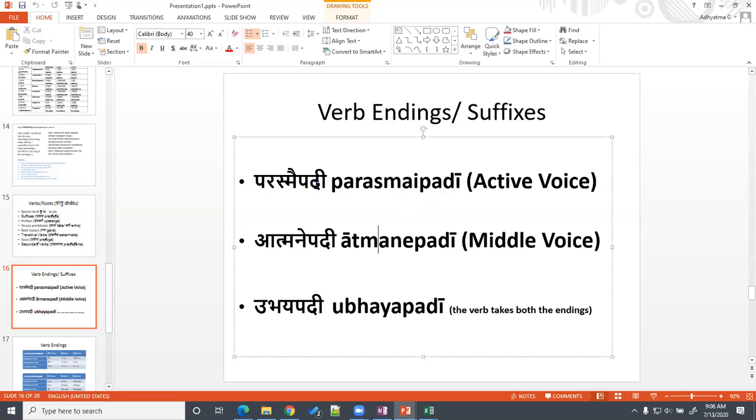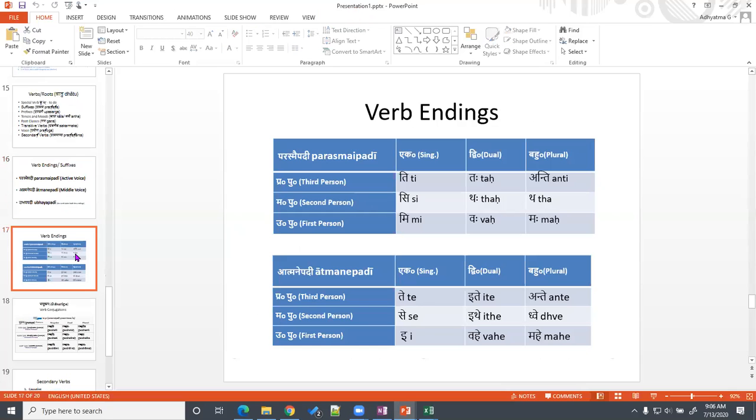when you make the verb conjugations in different tenses, it has certain endings. When a verb is of the type Atmanepadi, then when you make the tenses, it has a different set of endings. So the forms are different in Parasmaipadi and Atmanepadi. What are those forms?